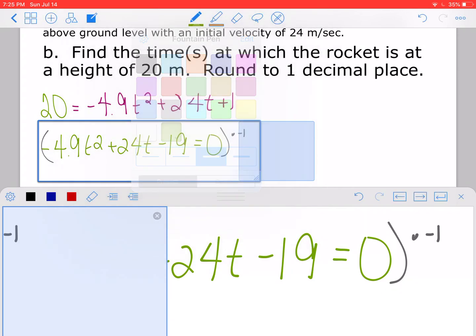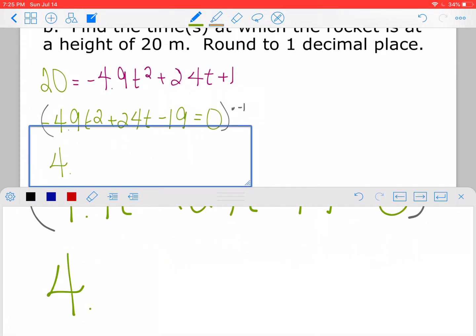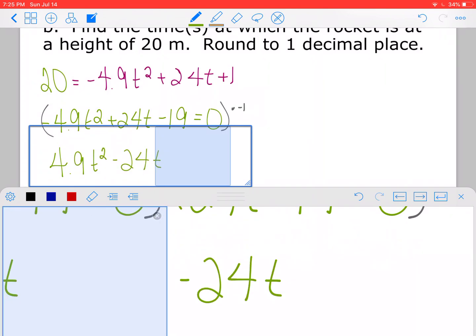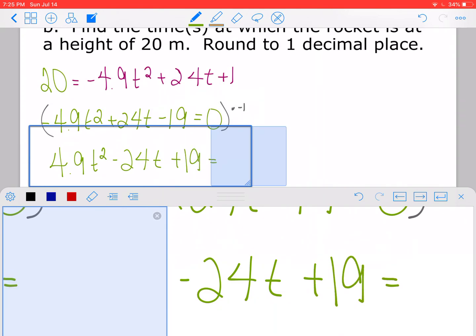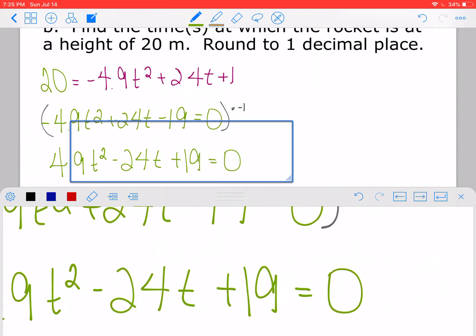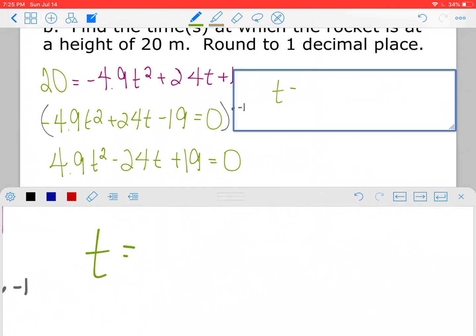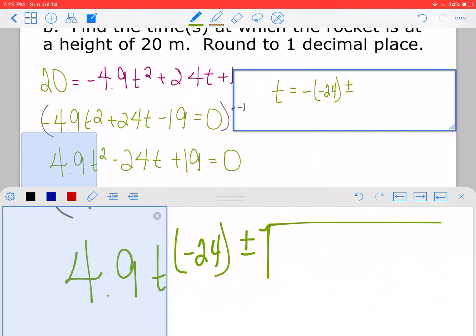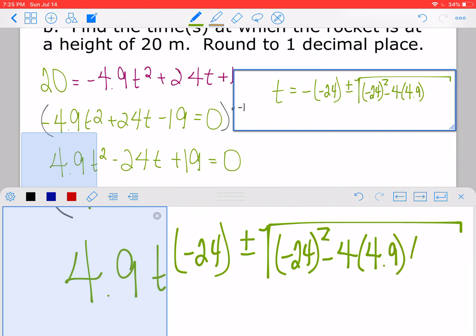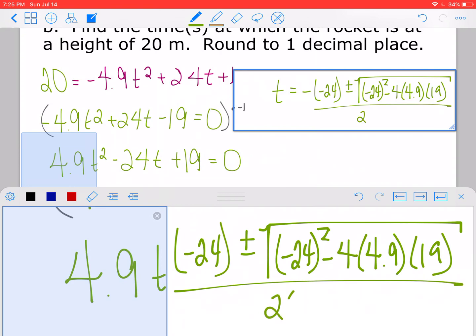Just make things easier in the long run. So we have 4.9t squared minus 24t plus 19 equals 0. To solve this, we're going to have to use the quadratic formula. So negative b plus or minus the square root of b squared minus 4ac, all over 2a.